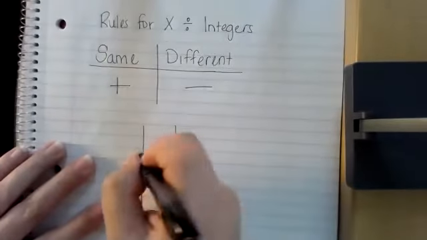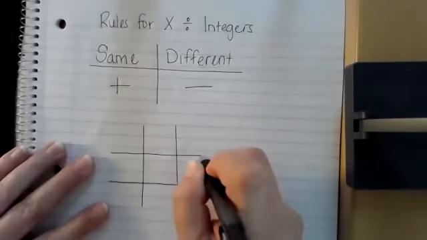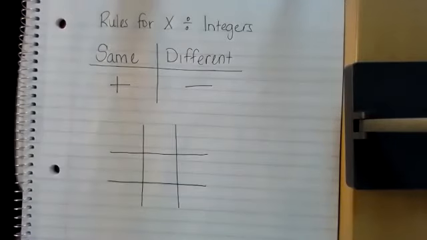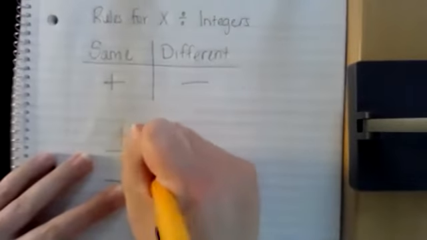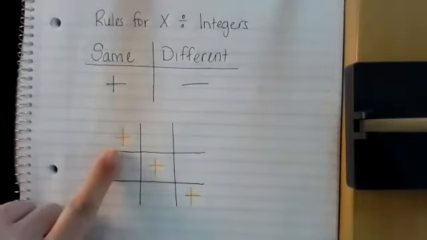I want everyone to draw a tic-tac-toe board. And if you're someone who likes using the colors for the positives and negatives, you can do that, or you don't have to. So you'll put positives in a tic-tac-toe going diagonally.